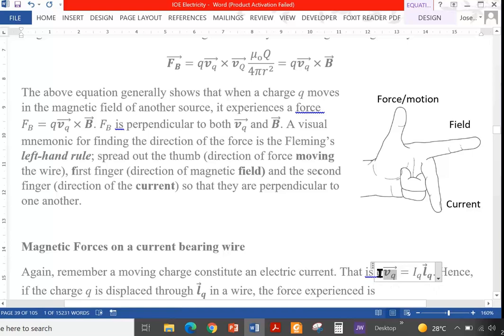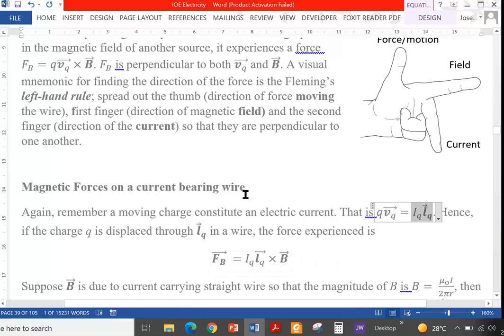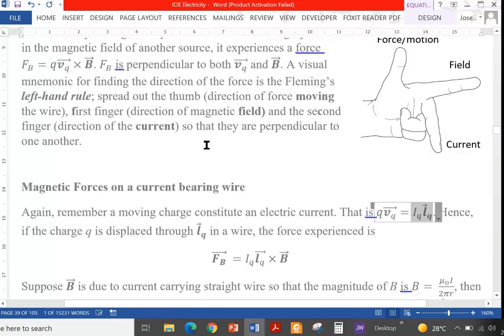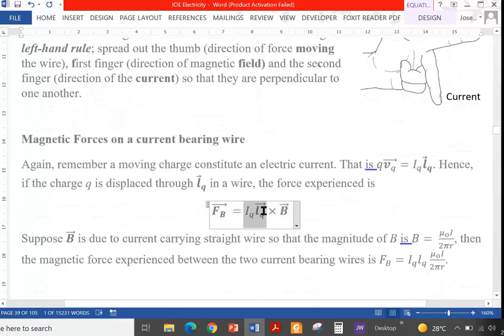If we make time the denominator of the small charge, then that will represent the current of the second charge, leaving the length of the wire alone here. So instead of this, we can replace the whole expression with this expression here.